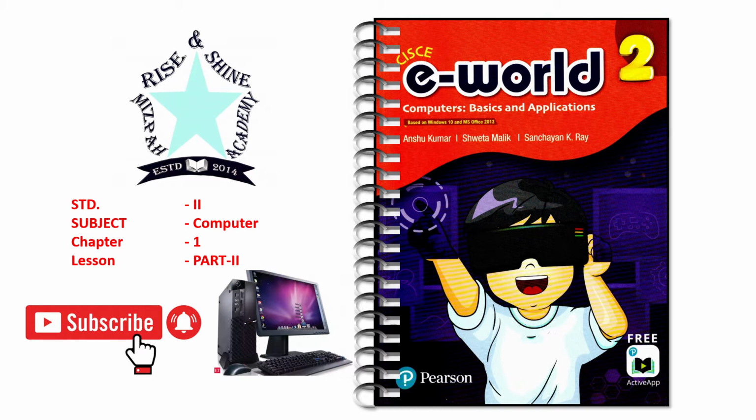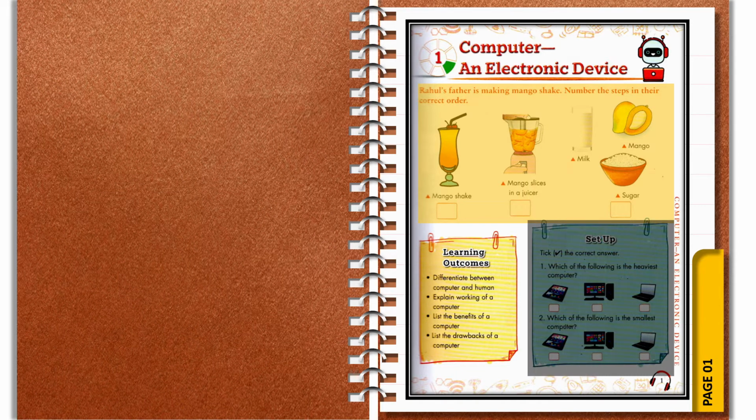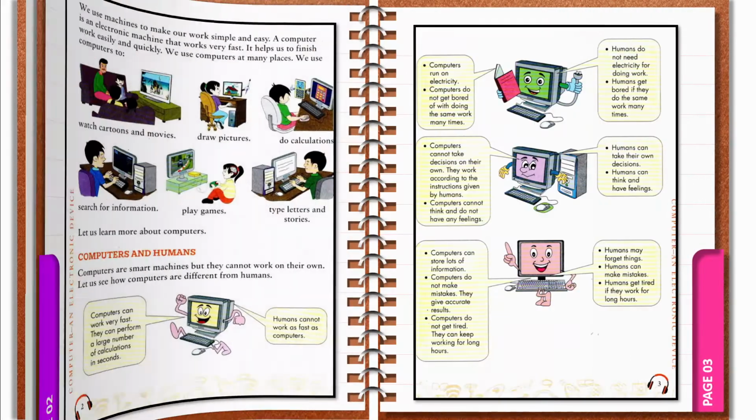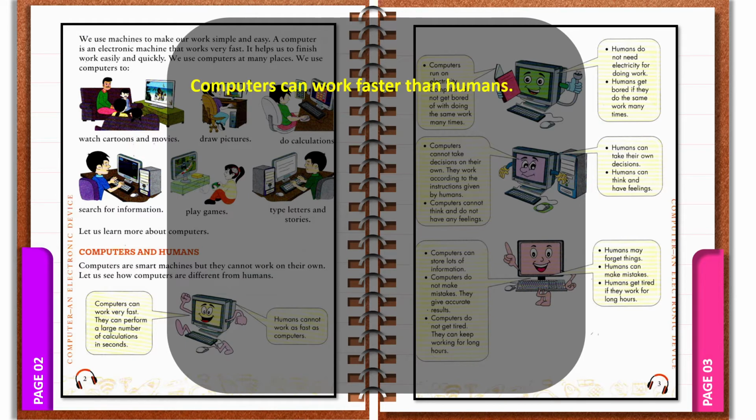Hello class, welcome to the online learning support. In our last class, we solved some exercises that help us to understand stepwise working system. Also, we discussed the differences between computer and human, such as computers can work faster than humans.